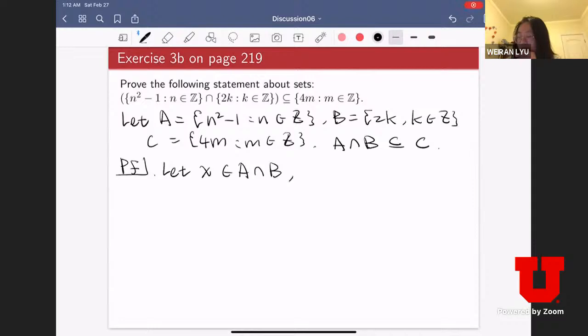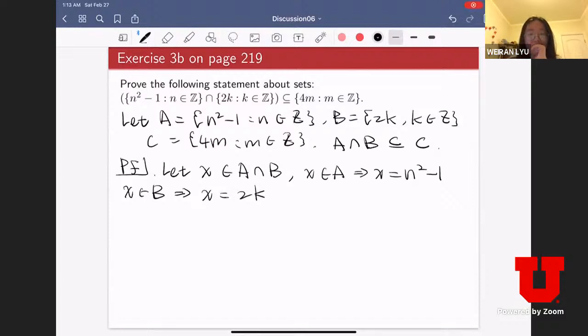And then we can see that since x belongs to the intersection of A and B, x must belong to A, which will give us x equal to n squared minus 1. And similarly, x would also belong to B, which would give us x equal to 2k.